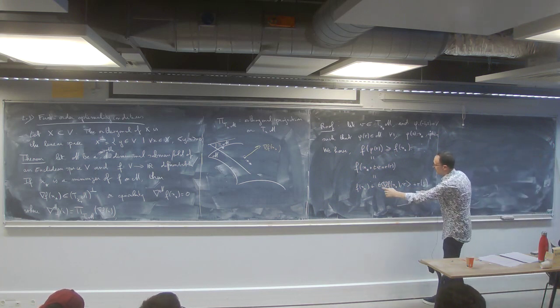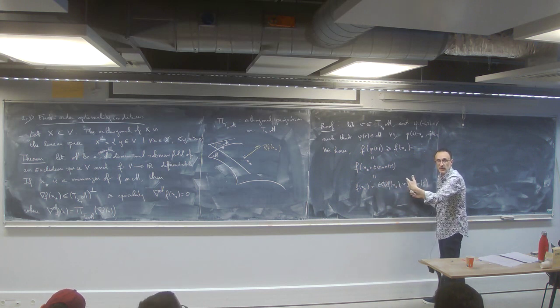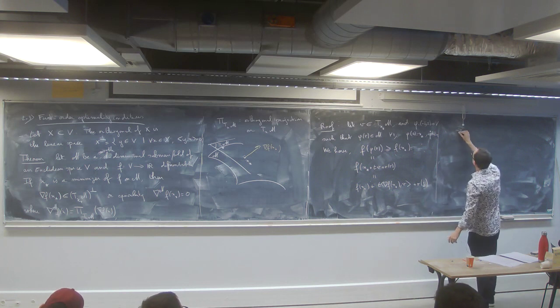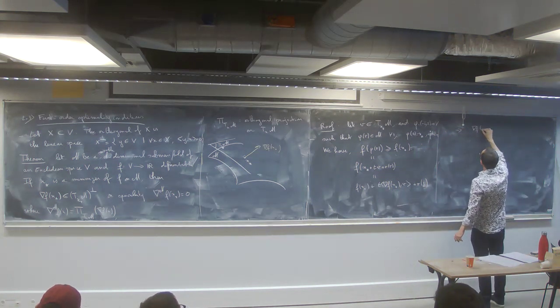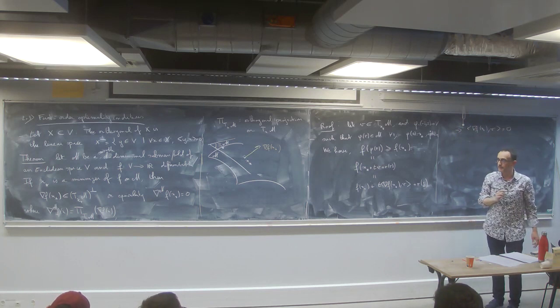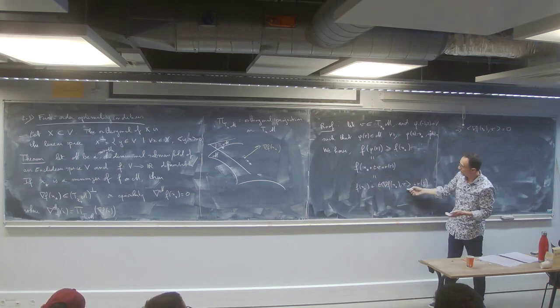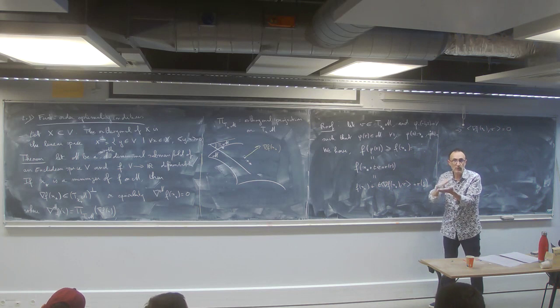So this means that this term is necessarily non-negative for small t, and t can be chosen positive or negative. So this means that this has to be 0. That's the first order variation of f when you move on the manifold M.